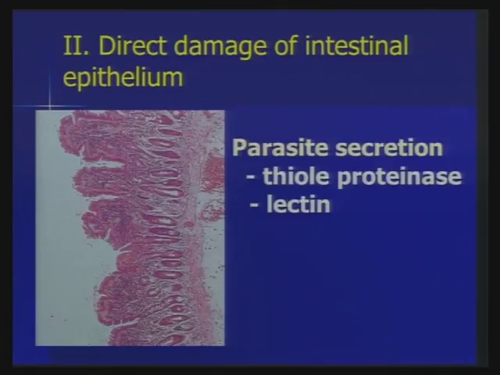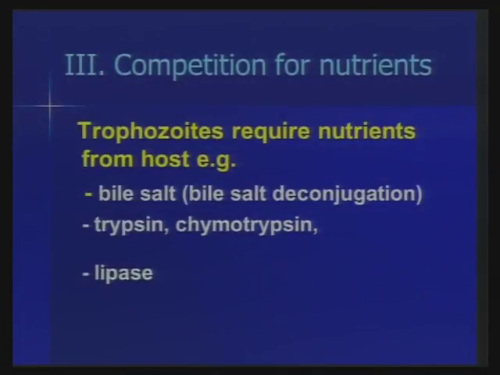And take a look at the villi. So the small parasites cover here and here and here. They produce thiol proteinase to damage the intestinal epithelium. And they compete for nutrients from the host. So they require bile salts, trypsin, chymotrypsin, and lipase.